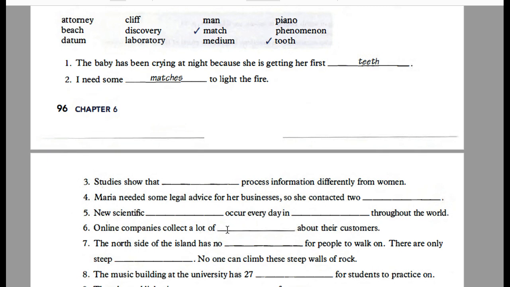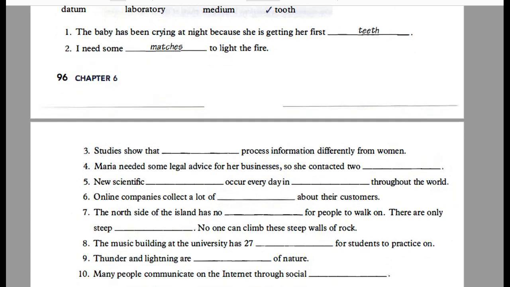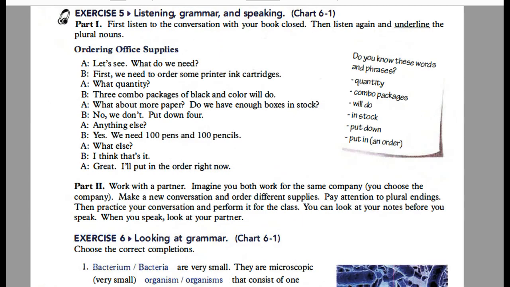Online companies collect a lot of data about their customers. And here we change tooth to teeth, so that's how we can answer the questions. We change the condition and the situation. Last, many people communicate on the internet through social media, not medium, social media. So I think number 10 is media. So check the answers again by yourself.